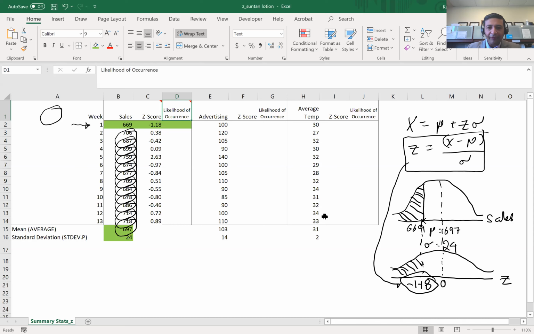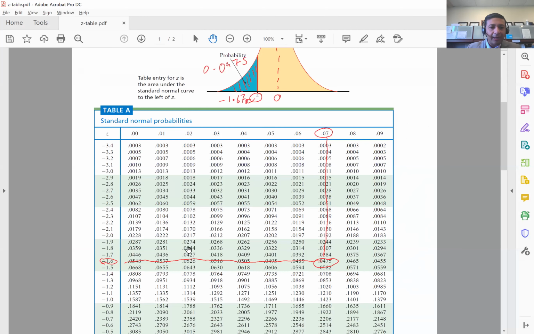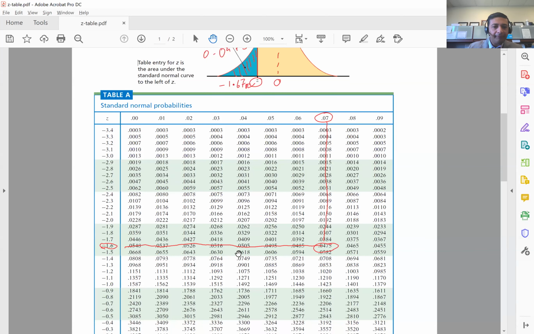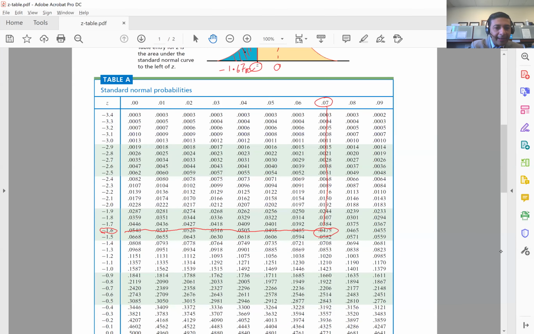So if I open up my Z table and look up negative 1.18, negative 1.1 is here, 0.08 is here.